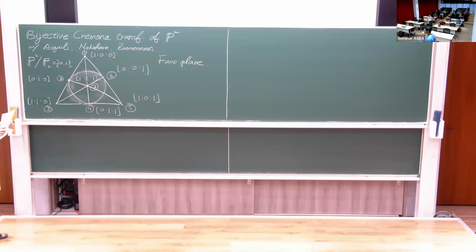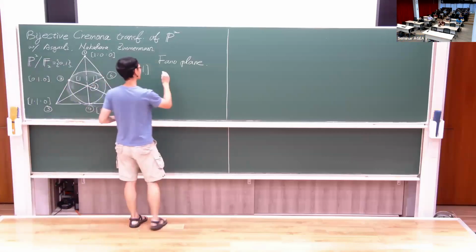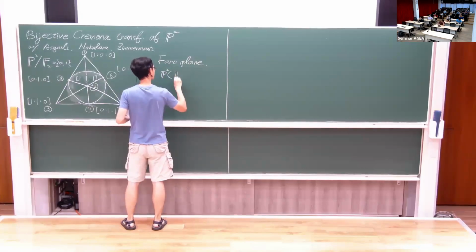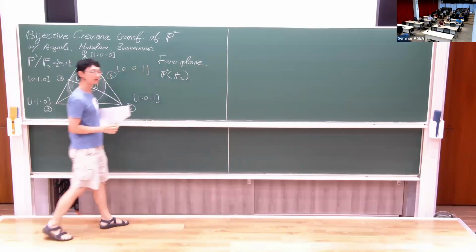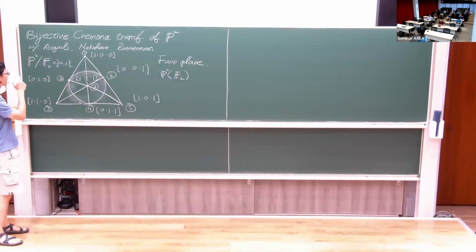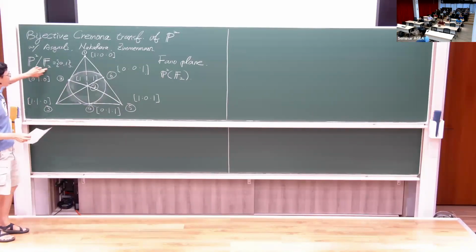Okay, so now let's focus on the points in the Fano plane, which are defined over F2. In general, given an algebraic variety like P2, you can talk about its points defined over the ground field, which in this case is F2.